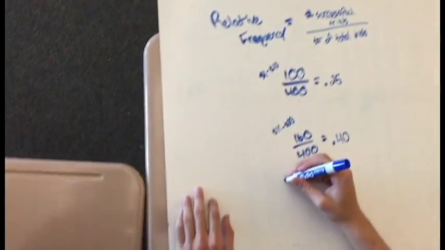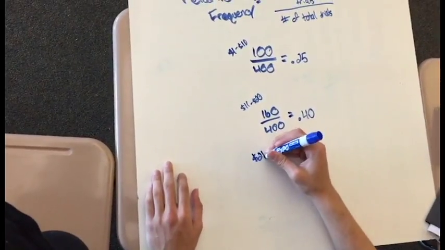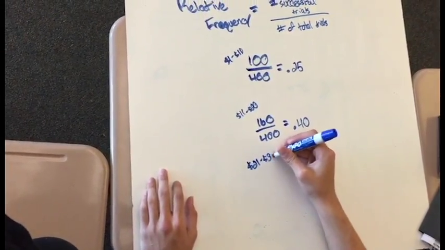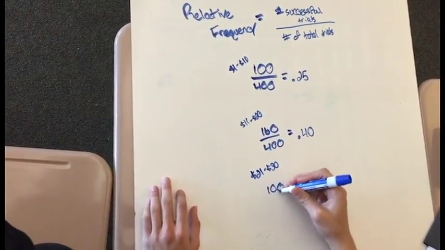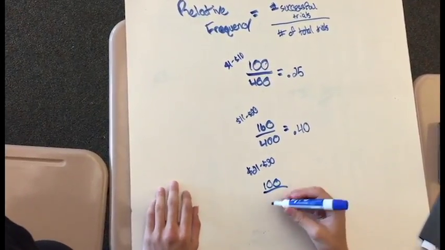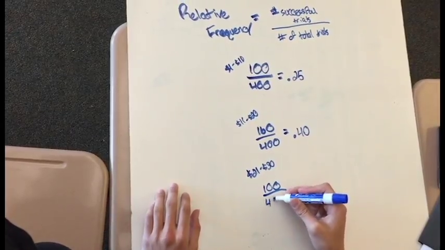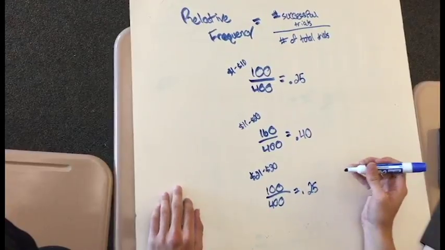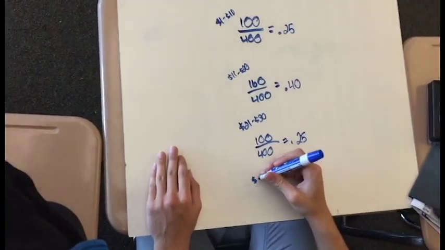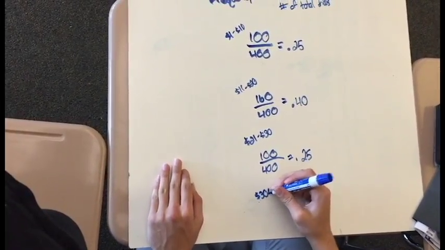Okay. And then continuing on, we have 21 to 30, and that's the same thing as 1 to 10, so it's going to be 100 because we had 100 books sold from $21 to $30 divided by 400, our total amount of books, to get 0.25. And then finally we have everything that's above $30.